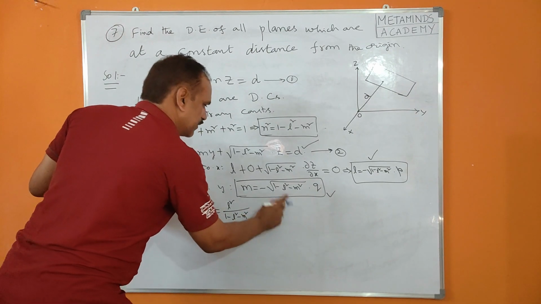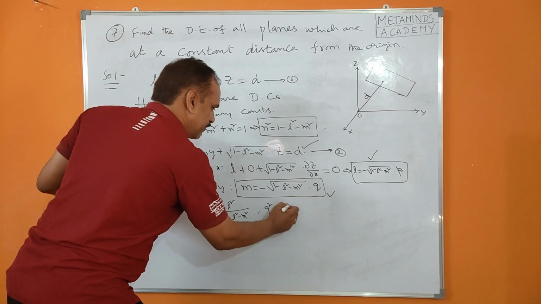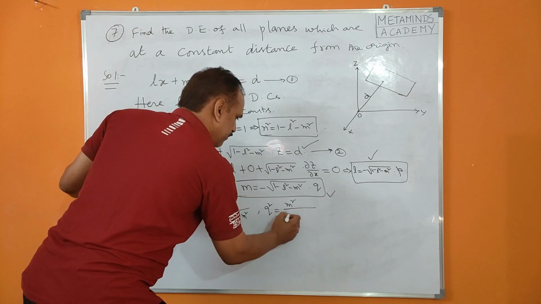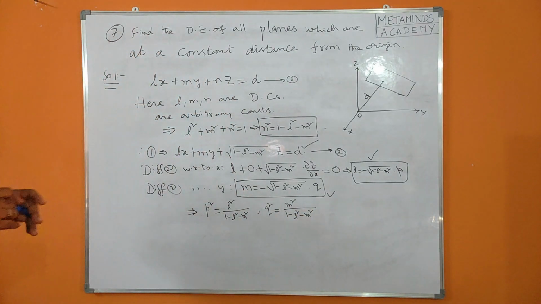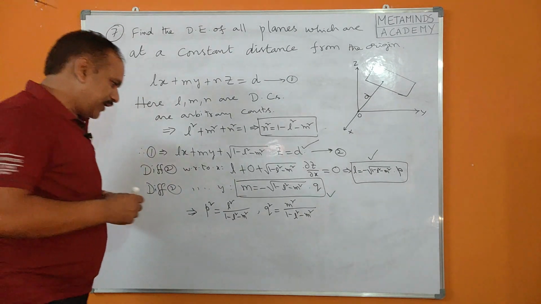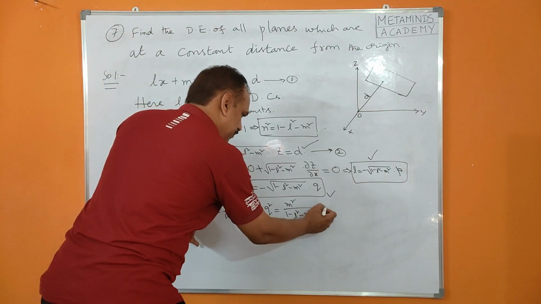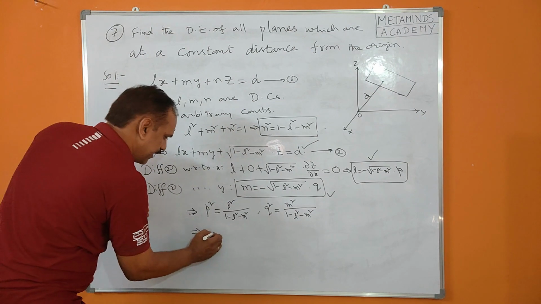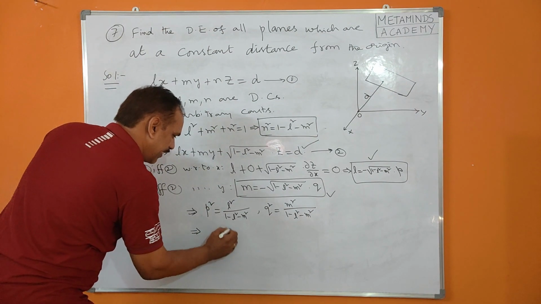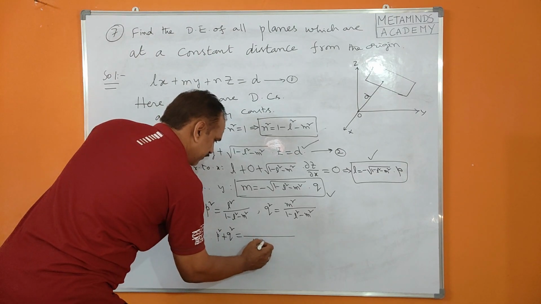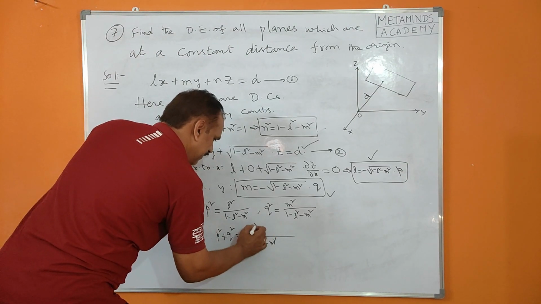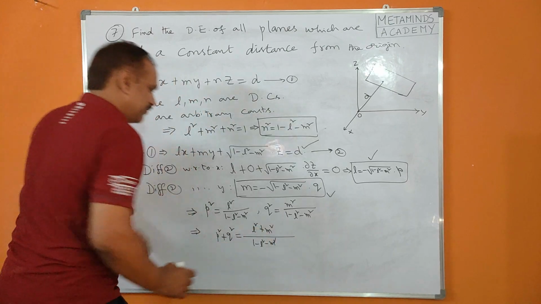From this equation you can write Q square equal to M square by 1 minus L square minus M square, right? Adding these two, what you will get? P square plus Q square is, with the common denominator 1 minus L square minus M square, numerator L square plus M square.